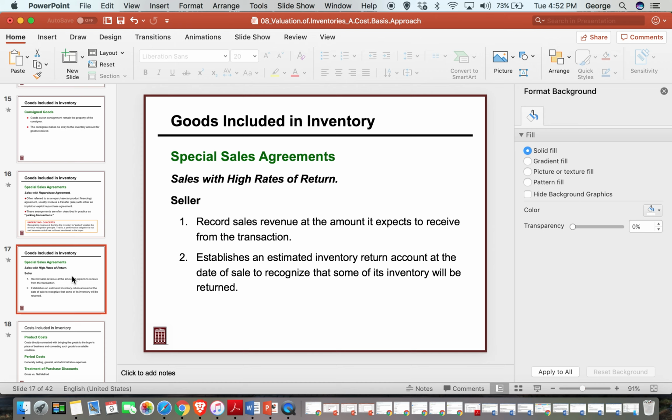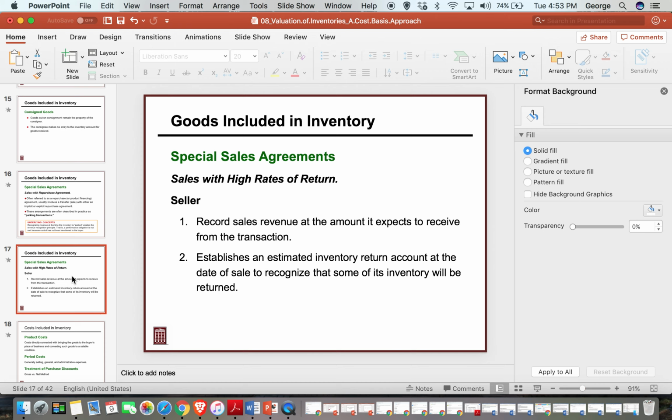All right, special sales agreements. You might have a sale with a very high rate of return. So we'll record the sales revenue at the amount we expect to receive from that transaction. Normally we'll establish an estimated inventory return account at the date of sale to recognize that some of the inventory will be returned.